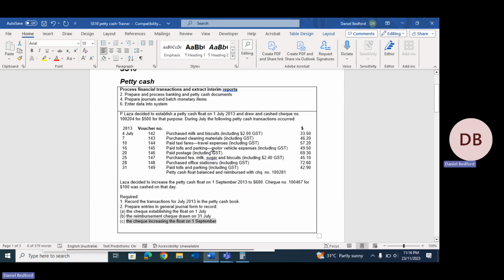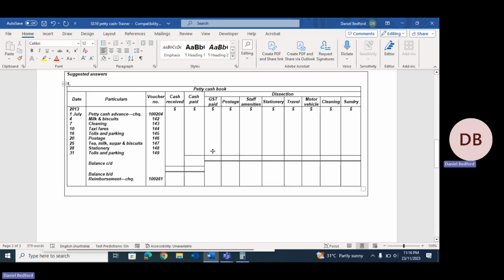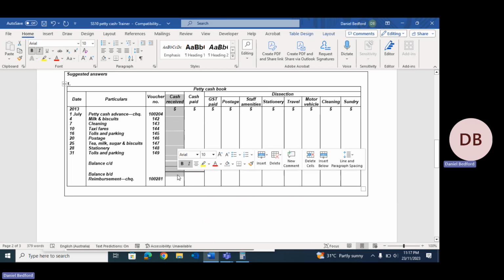Before we start looking at each of the transactions, I just want to show you the petty cash book because it's a little different from the one we did in class. Not much, but a little bit. I've already got some details in there to save me some time. I'd say the main difference is the cash received column is here on the left side still, but almost the center. So they have cash received and they have cash paid. The examples I showed you in class, cash received was all the way on the left.